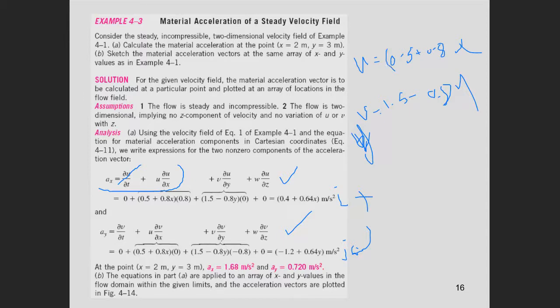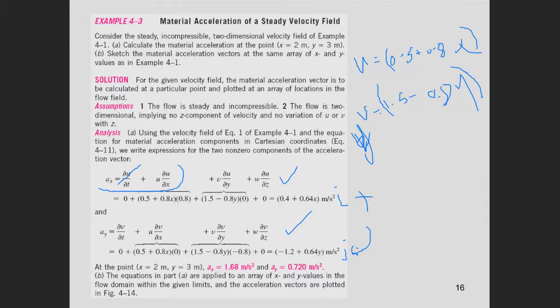Now look, this is U and this is V. Do you see any time here? No. We have not. So the flow is steady. The moment the flow is steady, that means the flow doesn't change with time. So del U by del T, del V by del T and del W by del T are all equal to 0. Did you get it? Yes, I got it. Thank you. So the moment he says steady, that means del by del T is equal to 0 for everything.